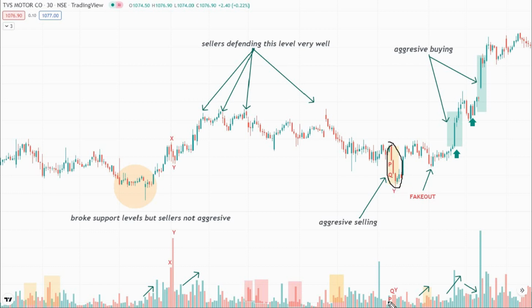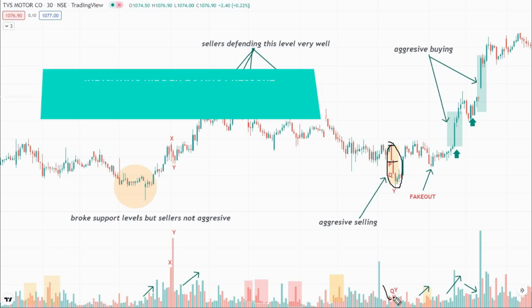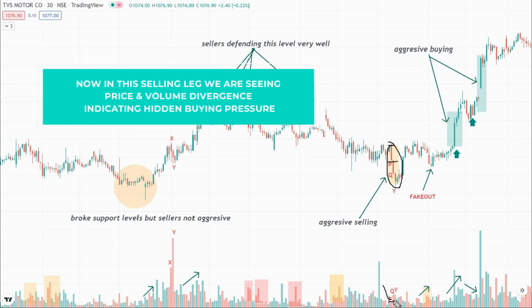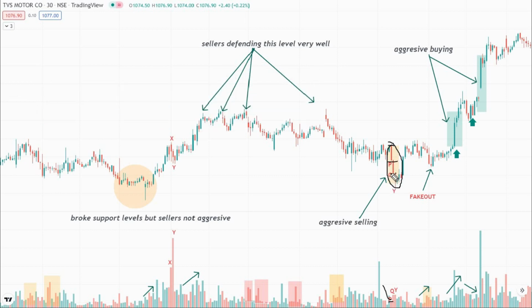See, at P, with this much of volume, the spread is this much. At Q, volumes have significantly increased, double the size of P, but the spread is the same as candle P.